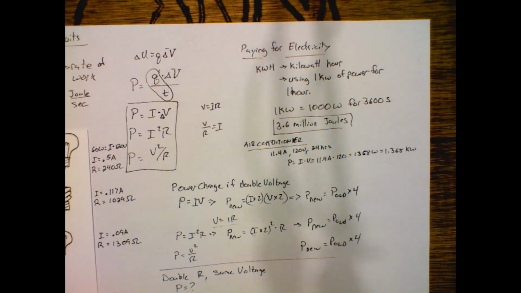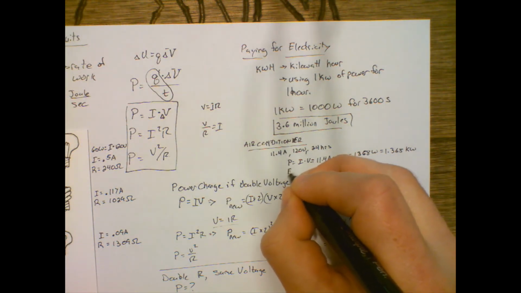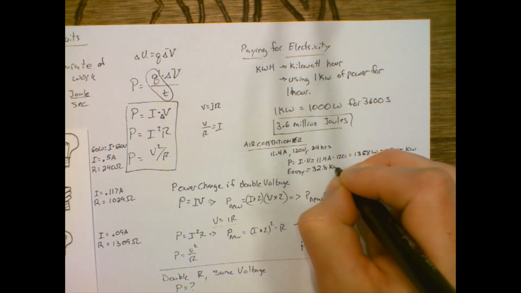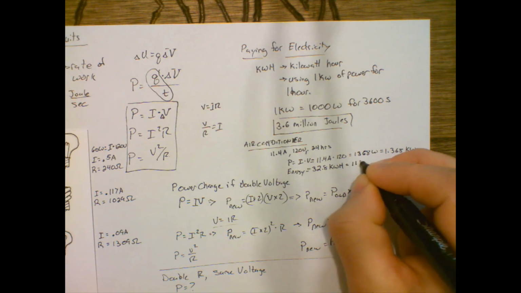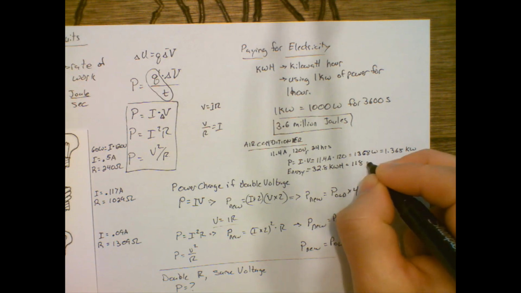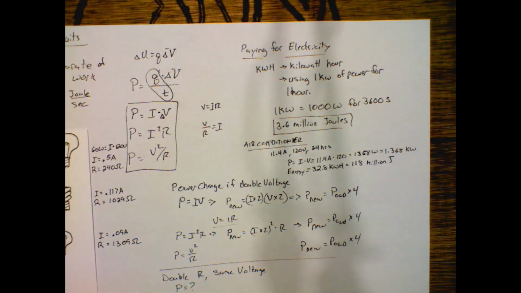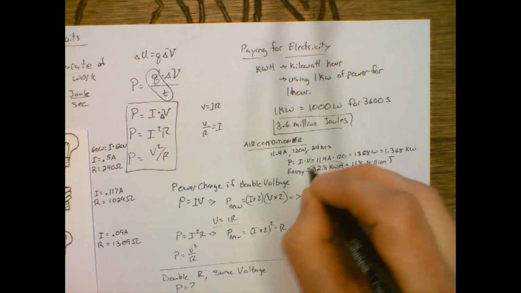that's 32.83 kilowatt hours, which is equivalent to 118 million joules. That's a lot of energy. And you generally pay per kilowatt hour.